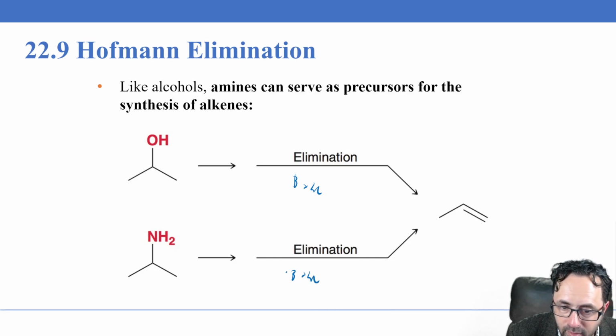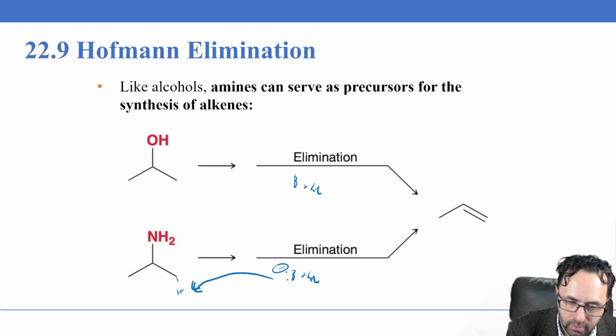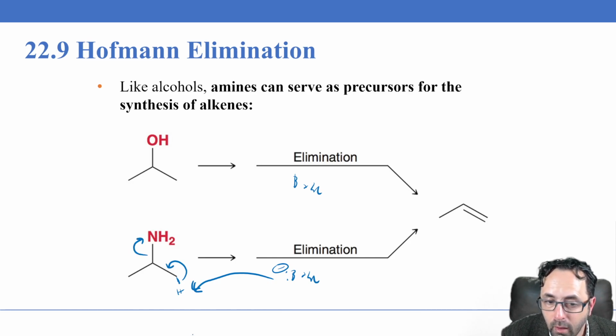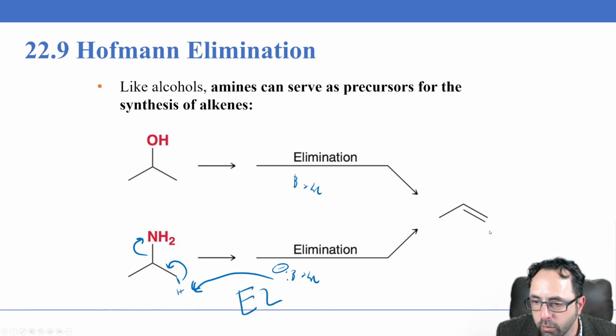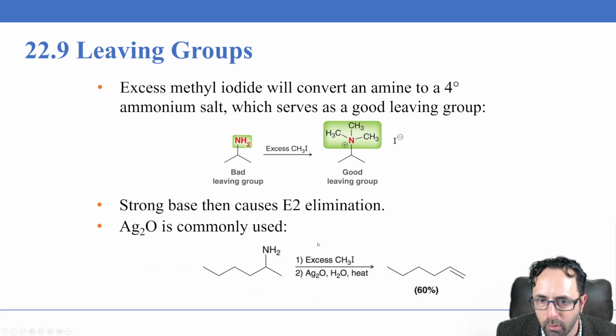And with this base here, if we have a hydrogen here, we can have an E2 reaction where we have a deprotonation followed by these two electrons in this bond becoming the pi bond, and the simultaneous leaving of the amine leaving group in an E2 reaction, and ultimately produce for us our alkene. Similarly, this can be done with alcohols. So we can produce alkenes from amines by treatment with a base.